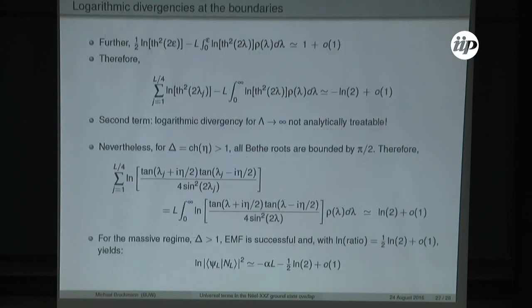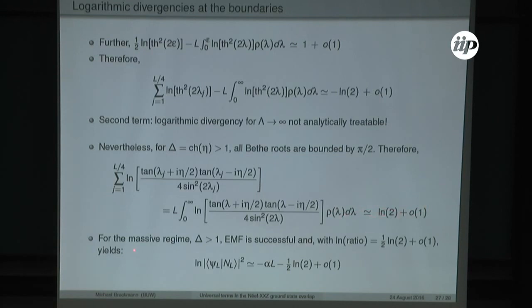But luckily, in the massive regime, the largest rapidity is bounded by pi over 2. And then you don't have this problem. Everything applies, and you get the correction from the Euler term, log 2.